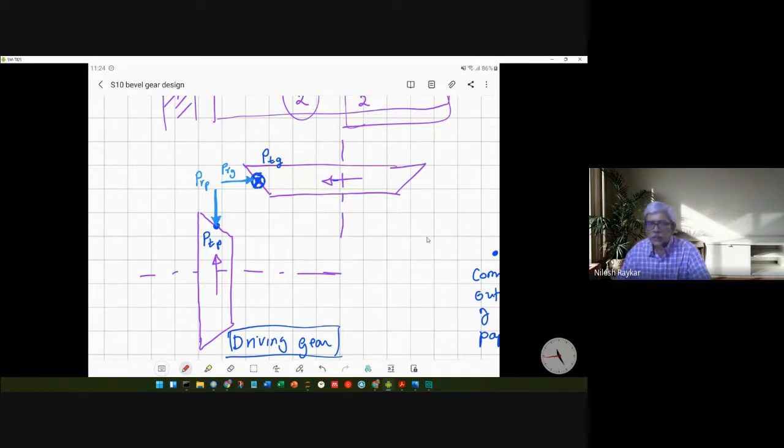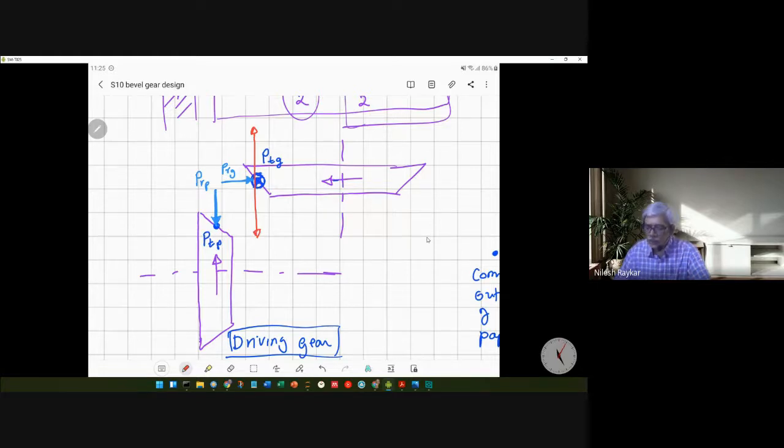The other way is by looking at the force equilibrium. If you look here, the axial force acts in this particular direction for the gear I'm talking about now. So there are two possibilities: one is this one and the other is the other one.